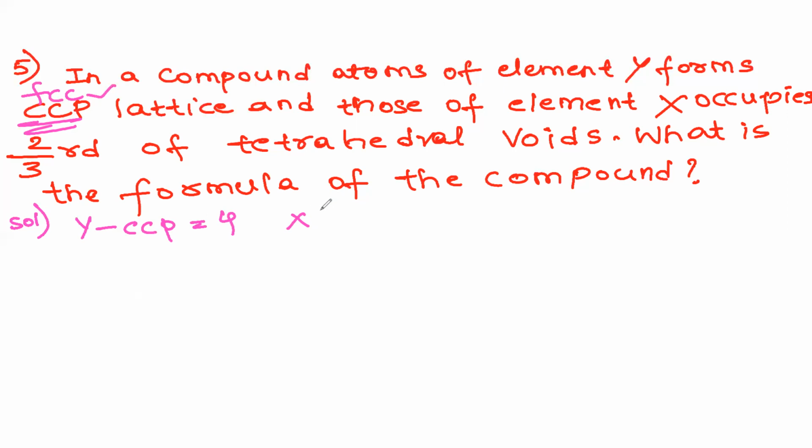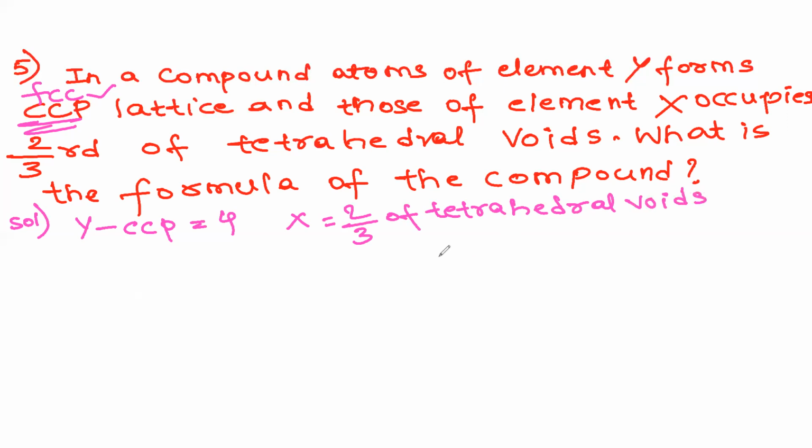Whereas X here, X occupies two-thirds of tetrahedral voids. For the same lattice, X is present in the tetrahedral voids, and only two-thirds of them.